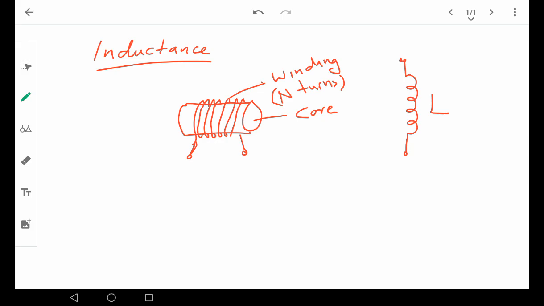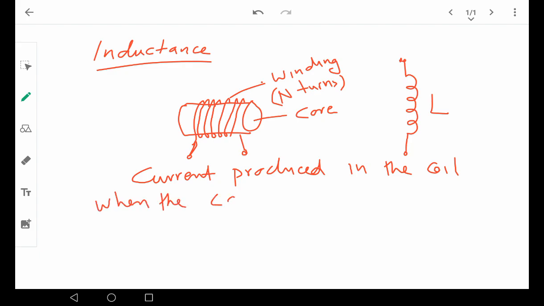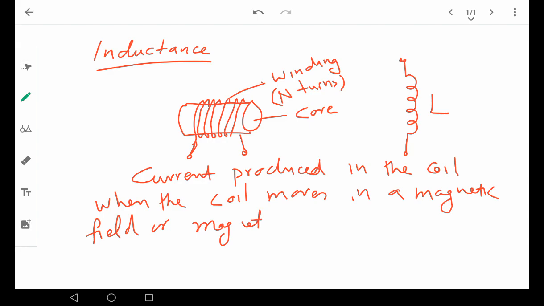So, current is produced in the coil when the coil moves in a magnetic field or the magnetic field varies.